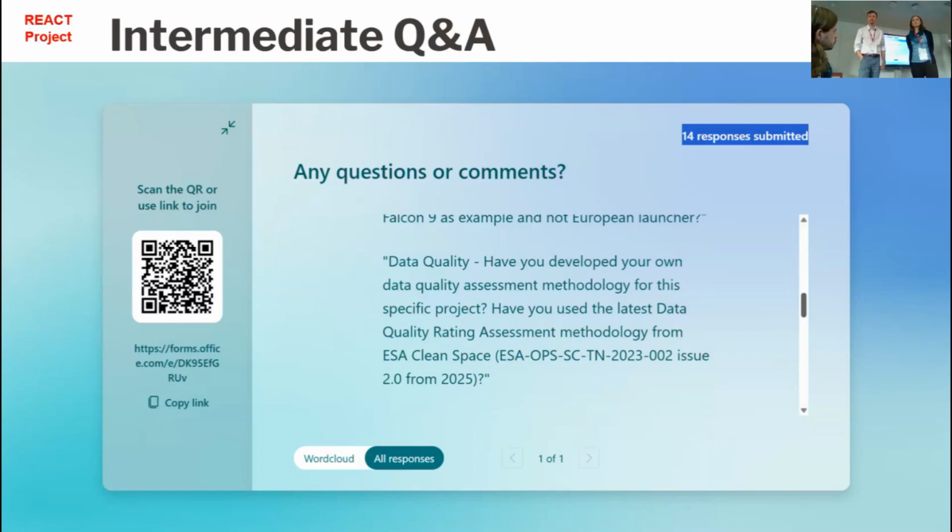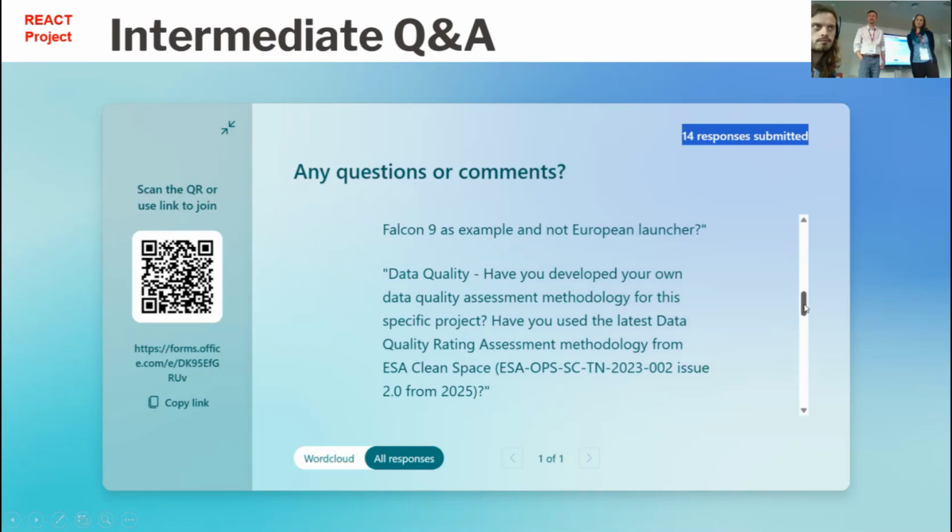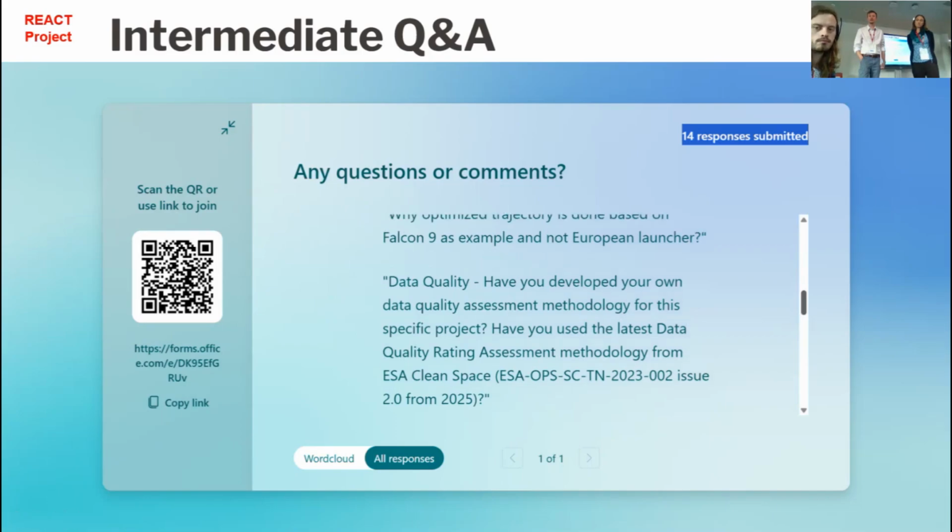For data quality, Mathieu will show it when he shows the tool, but the quick answer is no, we don't necessarily use it. There is also the ESA one, which is one more data quality input next to the datasets that you add in your inventory.